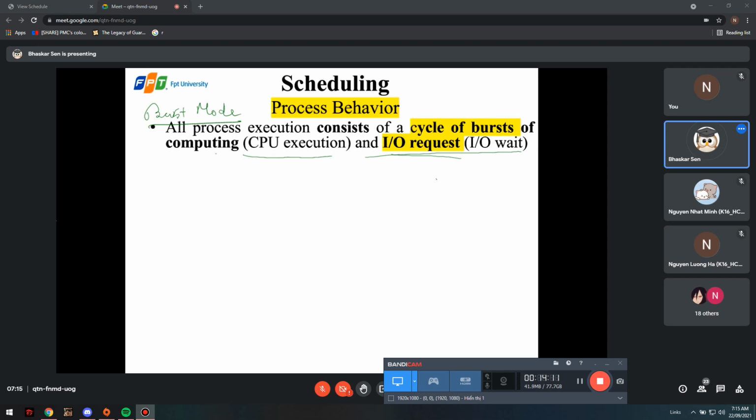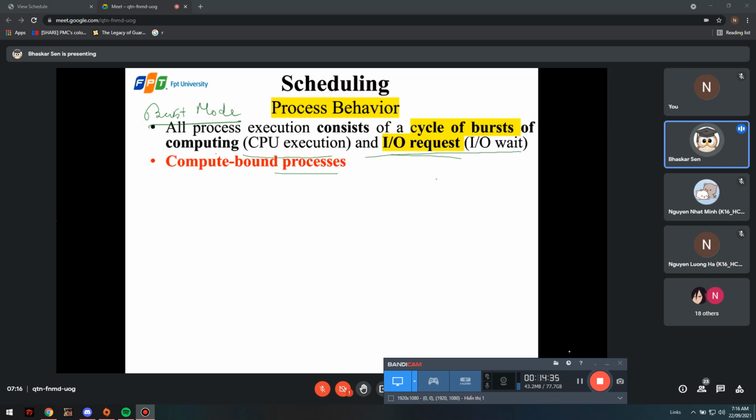Now, this is the pattern of execution. Based on that, we have, broadly speaking, two different categories of processes. The first one is compute-bound processes.